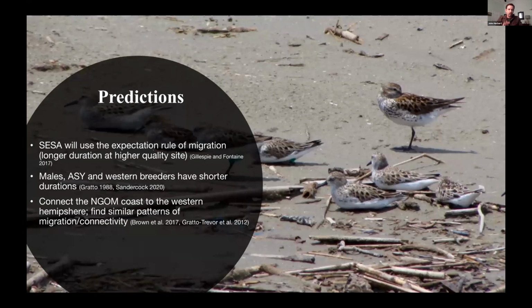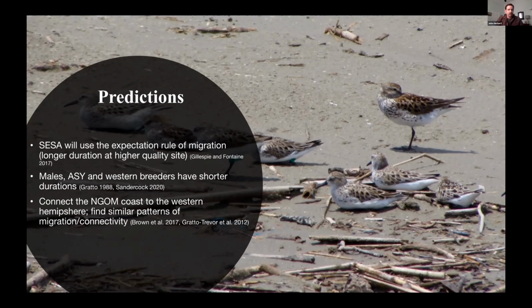So back to our questions, we had some predictions. We predicted they would be using the expectation rule of migration because of known limited and unreliable stopover habitat in mid-continental United States. They would have longer duration at Rockefeller, the higher quality site. We expect some influence of demographics. Males need to establish breeding territories.